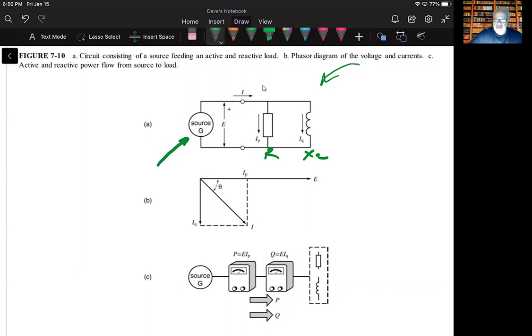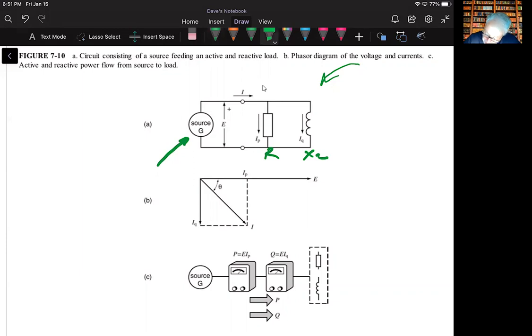The inductor, or reactor, draws an I sub Q for reactive current. According to our definitions, the resistor is an active load, the reactor is a reactive load. Consequently, I sub P is in phase with the voltage since it's resistive, and I sub Q lags the voltage by 90 degrees since it's inductive.